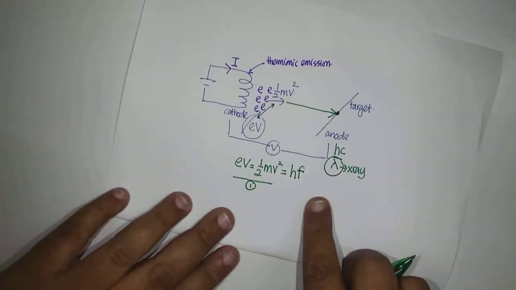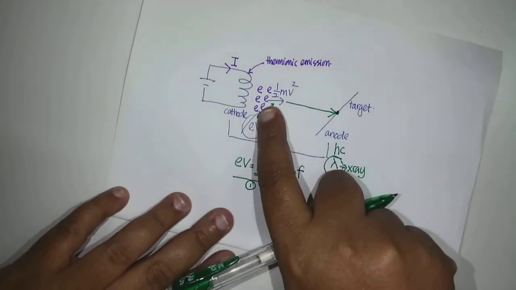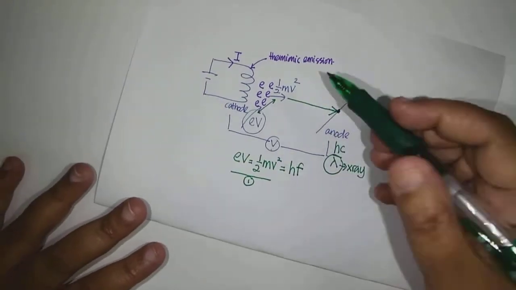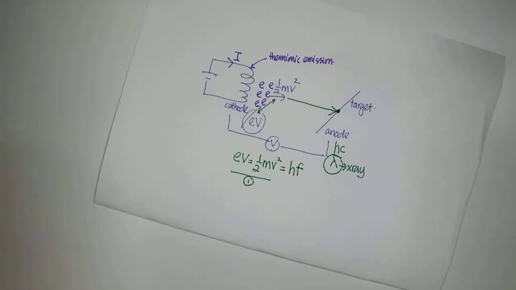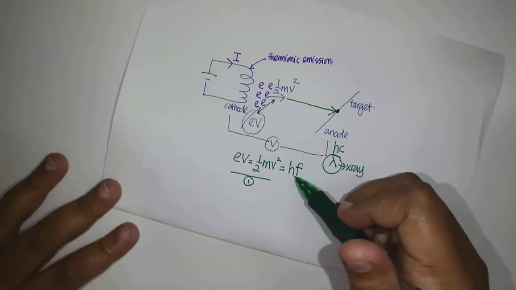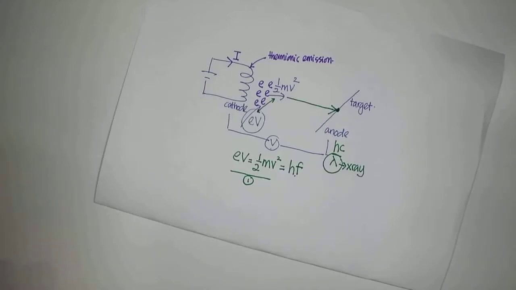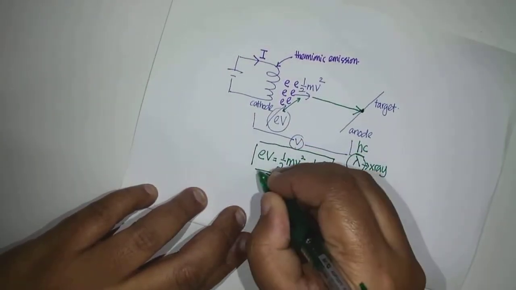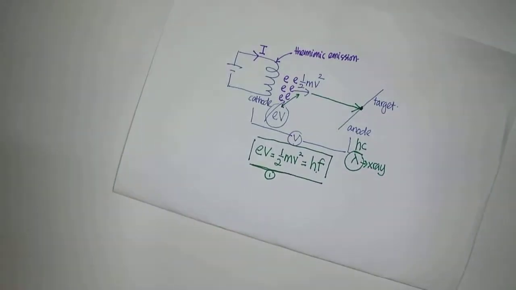So this is what happens. E word is given to the electron, the electron converts it to kinetic energy, goes and hits the target, and because of the very fast deceleration, it is converted into X-ray. This is the famous formula for what happens in an X-ray tube.